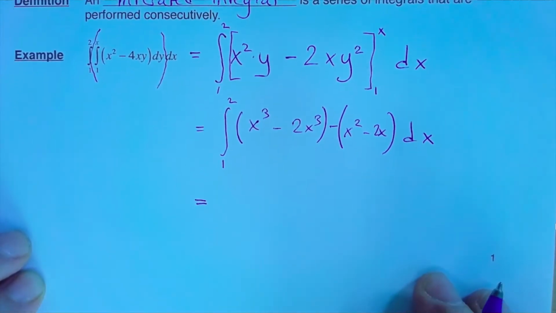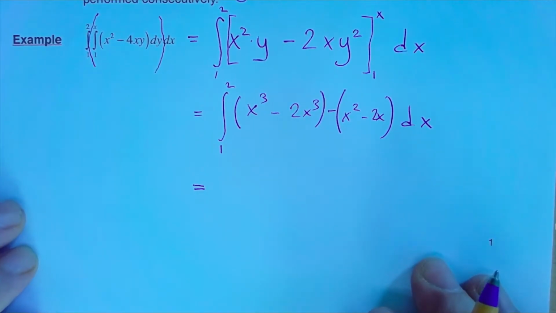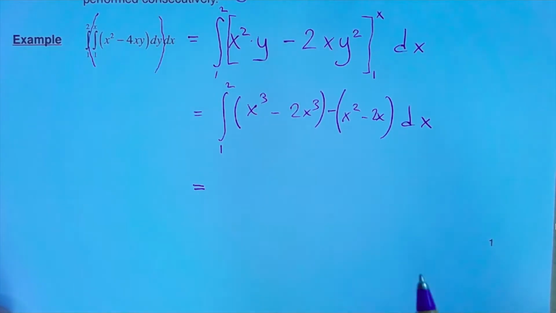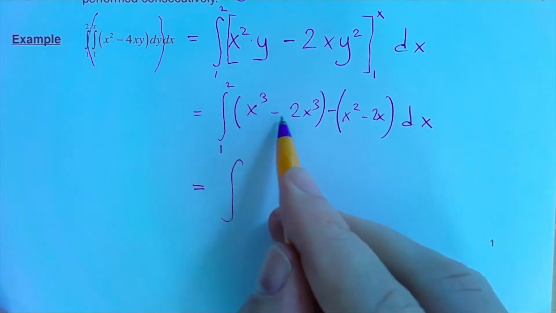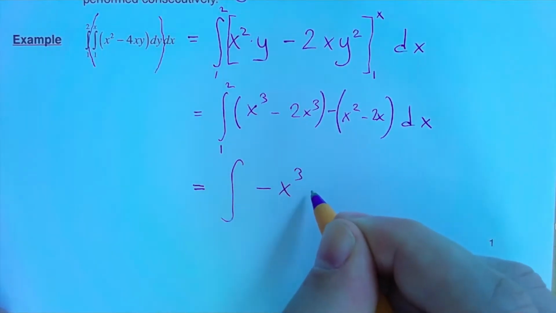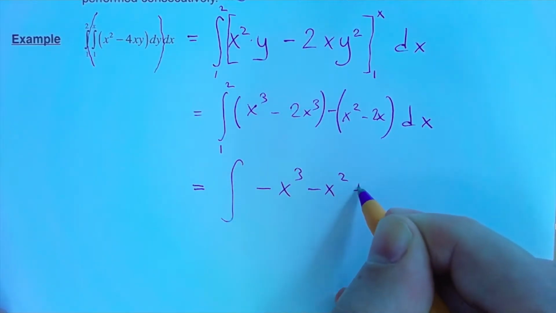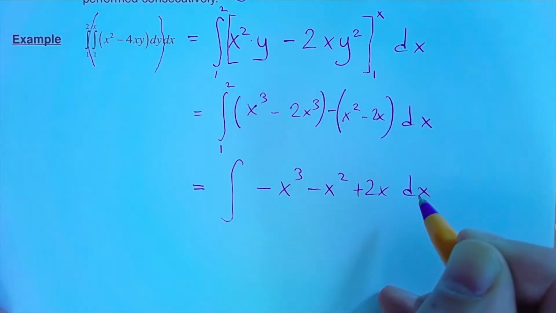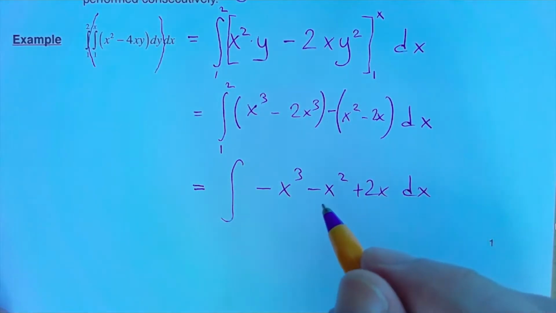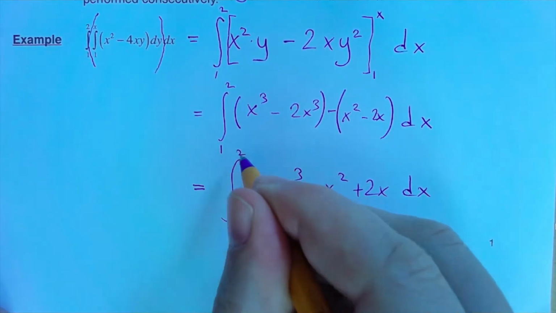Before integrating in terms of x, I'll put like terms together. So x cubed minus 2x cubed, we have negative x cubed minus x squared plus 2x dx, from x equals 1 to x equals 2.